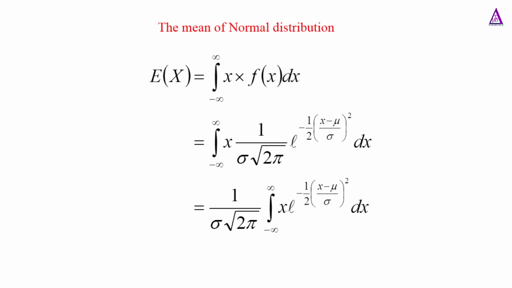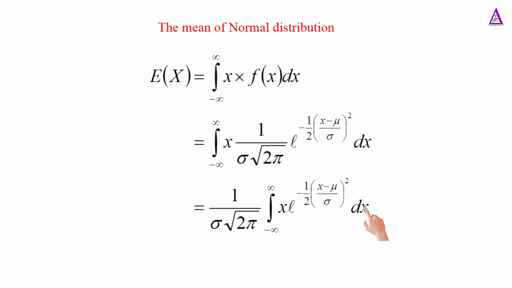Now, to obtain the mean of the normal distribution, the expected value of x is equal to the integral from negative infinity to infinity of x multiplied by f of x dx, and our f of x is equal to 1 divided by sigma square root of 2 pi exponential raised to power negative 1 over 2 into the bracket x minus mu divided by sigma all squared dx.